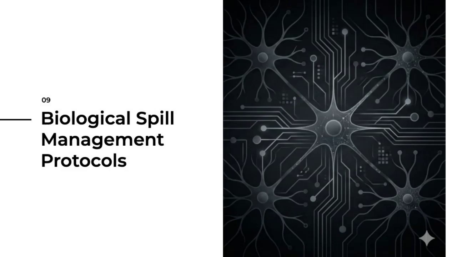These protocols are designed to minimize the risk of exposure and environmental contamination when a spill occurs. Managing a biological spill is not a simple cleaning task. It is a technical procedure that requires specific training, equipment, and a disciplined sequence of actions. This lesson serves as a comprehensive guide for personnel to ensure that biological hazards are neutralized effectively while maintaining the highest safety standards for the response team and the facility.